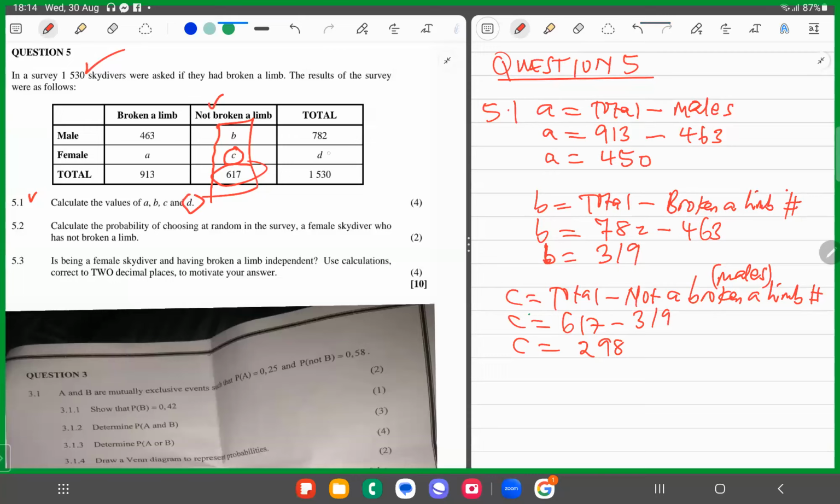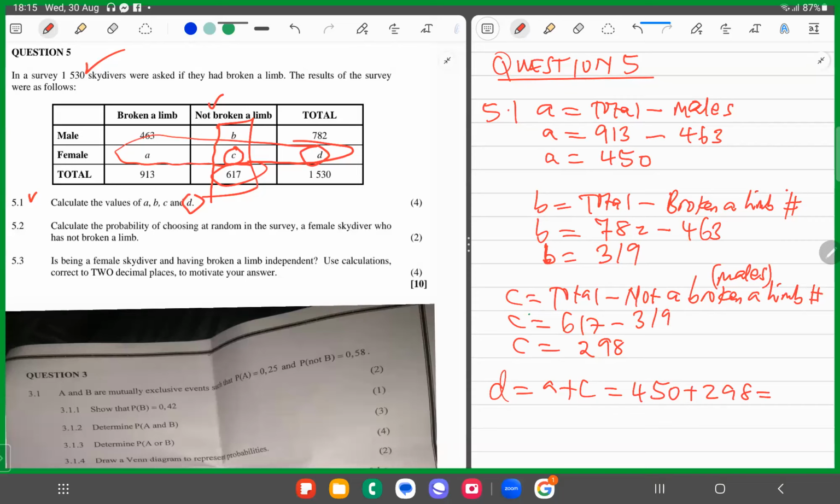We continue and look at D as well. D can be found in a couple of ways. One way is to consider this row and add A and C. So somebody can say D is exactly A plus C. It's risky, because if A and C are incorrect, then D is going to be incorrect. But we have two ways to find D. A is 450 and C is 298.